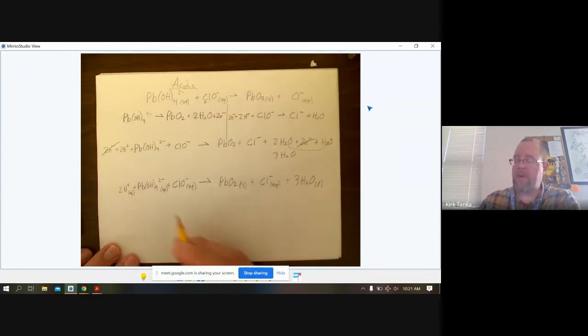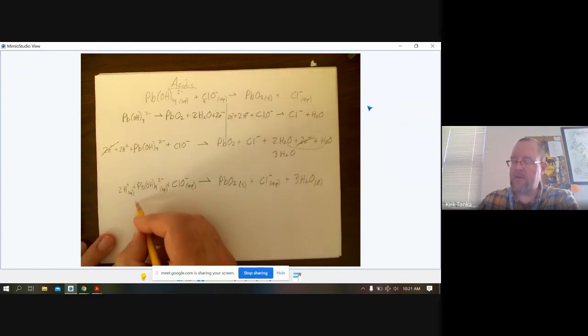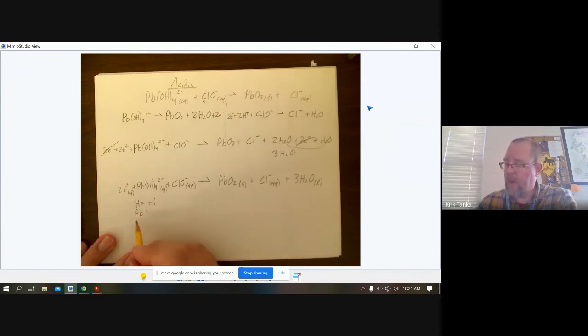being oxidized and reduced. In order to do that, I would just write all of my elements. Oxygen, that's going to be a -2. Cl, if that's a -2, that has to be a +1 on this side.